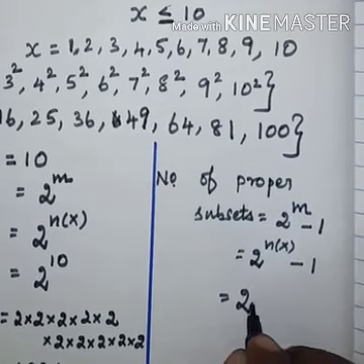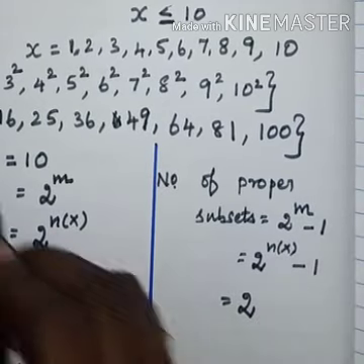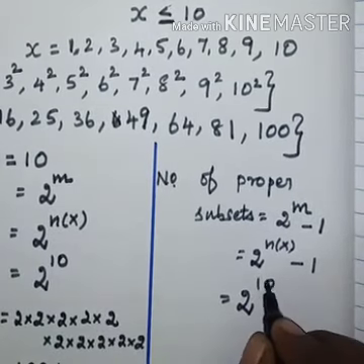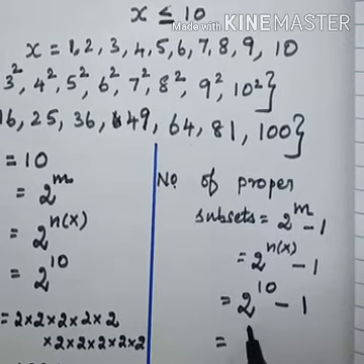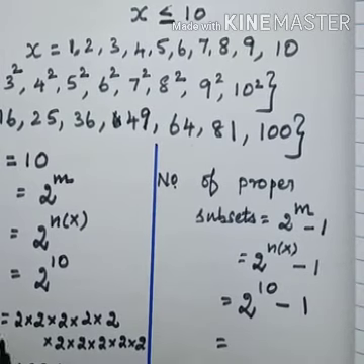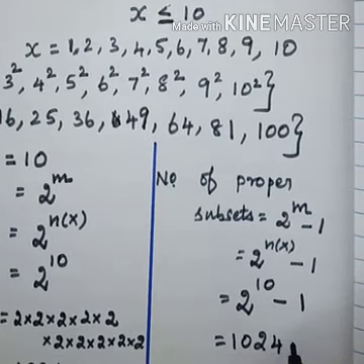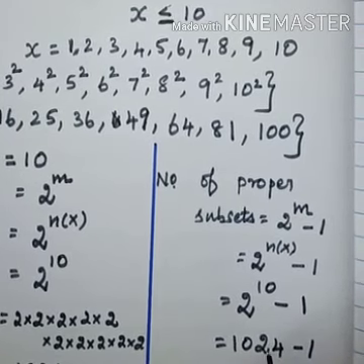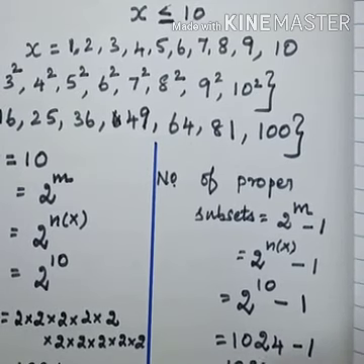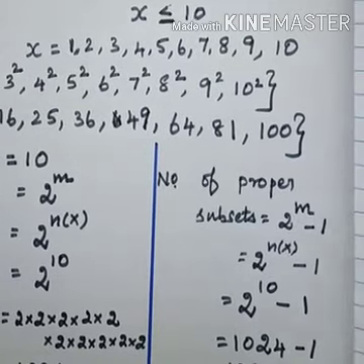The number of elements in X is 10, so 2 power 10 minus 1. We already found the value of 2 power 10, which is 1024, minus 1. So 1024 minus 1 is 1023. 1023 is the answer.